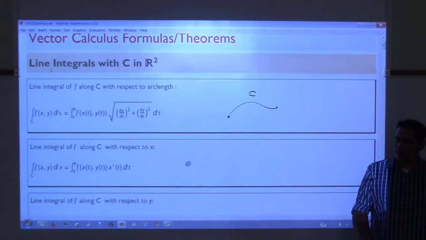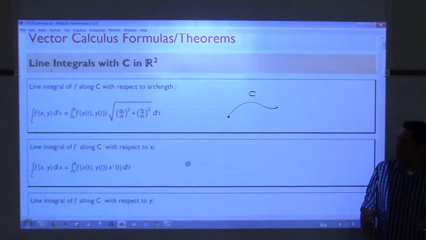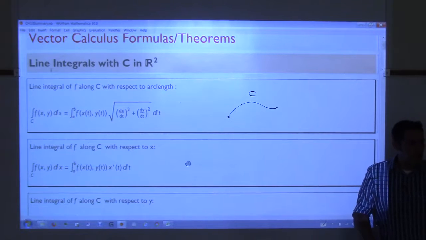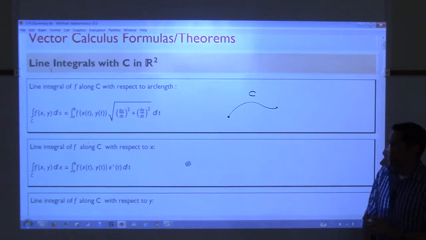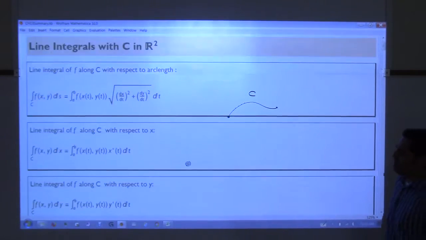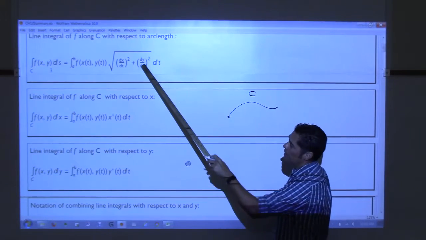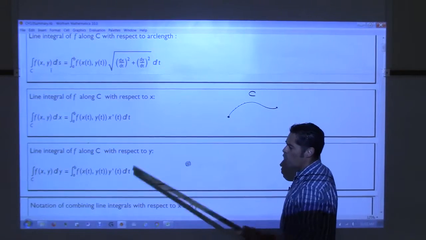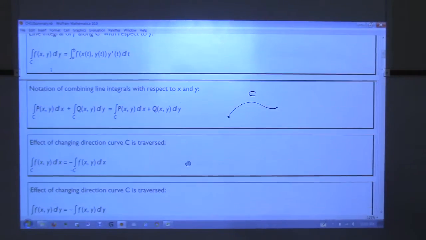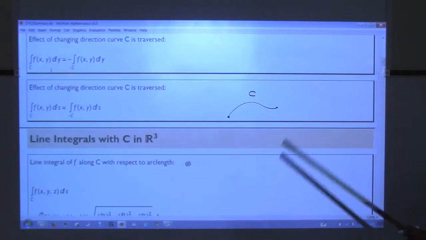So this gave us the area of a curtain, the area below a surface, dropping the curtain down. That was with respect to arc length, then we could do it with respect to x or y. Then there was some stuff about changing directions.